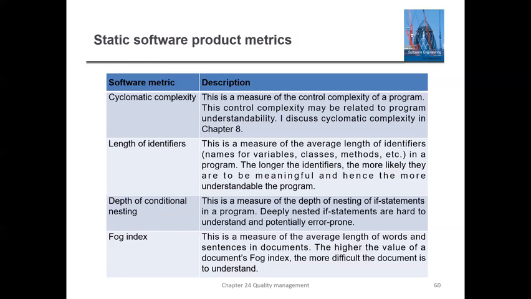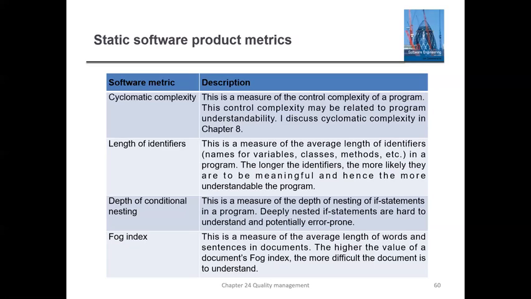The next one is depth of conditional nesting. If you represent how deep your nested if statements are, then your program becomes very hard to understand, because with many nested if conditions the program code will be very difficult to understand, and again it becomes error prone.